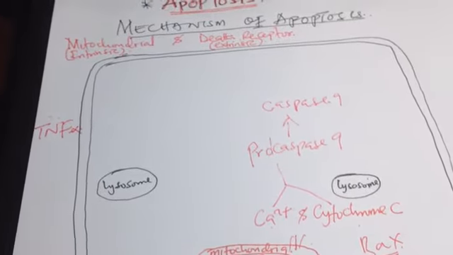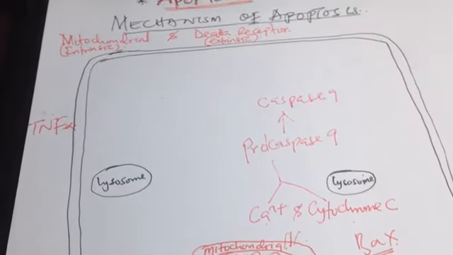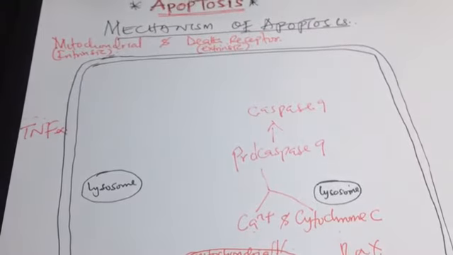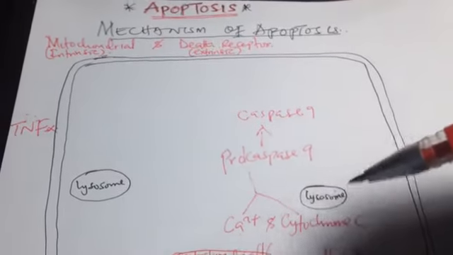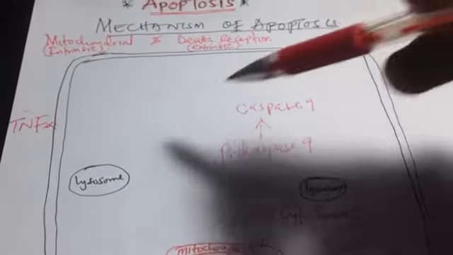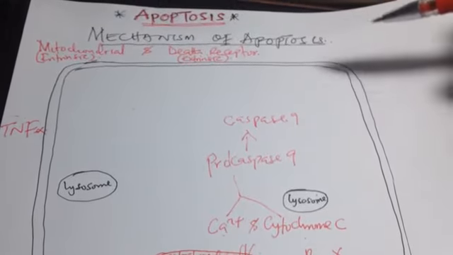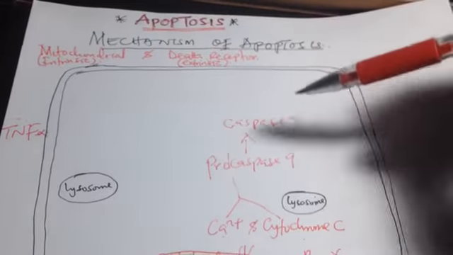The most important factor that leads to this extrinsic pathway of apoptosis signaling is when the immune cell wants to kill a virus-infected cell. When this cell, for example, is infected by a virus, externally an immune cell, for example a cytotoxic T cell, will come and trigger this cell to undergo apoptosis.